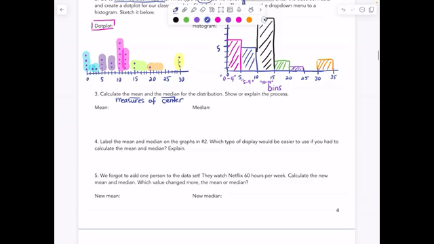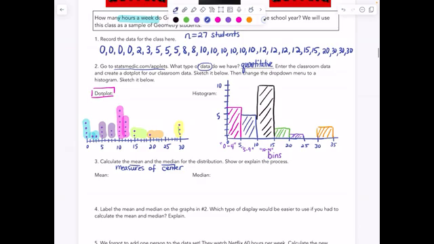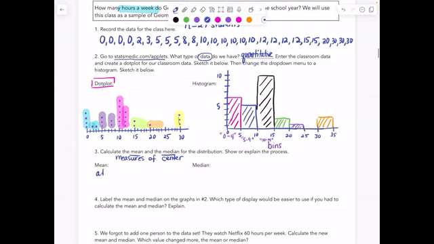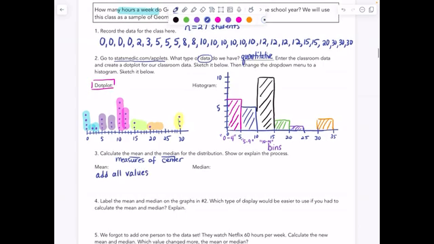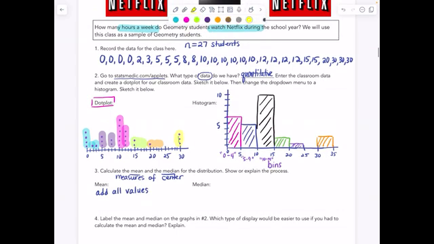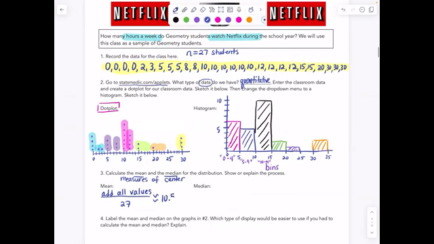Very obvious phrase. So the mean, you add up all of your data and then you divide by 27. So I'm going to add all values, which means that I'm adding all of these numbers together up here. So if I add all of these 27 numbers and then I divide by 27, I will get an answer of approximately 10.52.